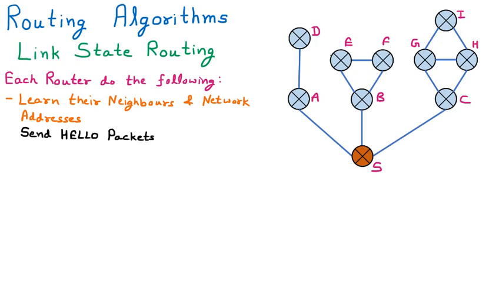We have to find out which neighbor is active right now. So S sends the hello packet to its neighbor C, then to B, then to A. These are the three direct neighbors.